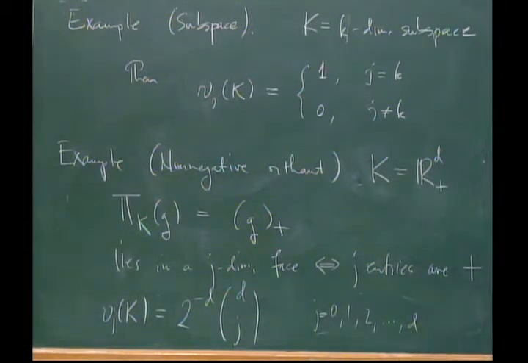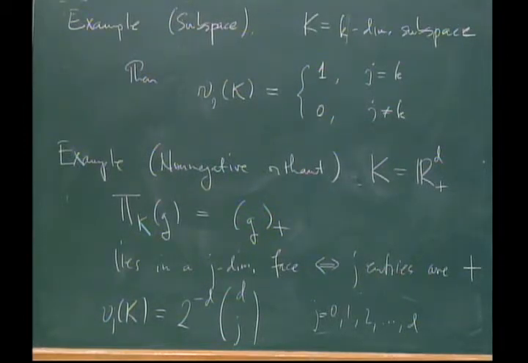Okay, so this is an actionable definition in some cases, but most of the time it's completely hopeless. If someone hands you a cone and says, tell me the intrinsic volumes, good luck. And so this Crofton formula that I just erased is a beautiful fact about geometry, but it's not always a very useful fact.